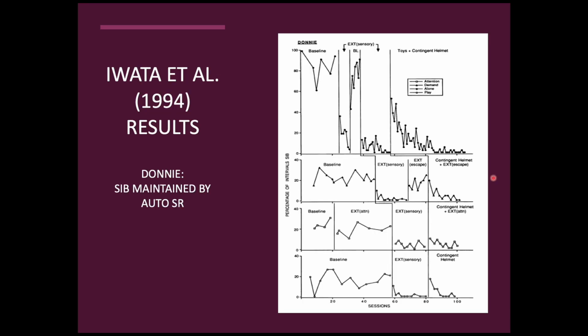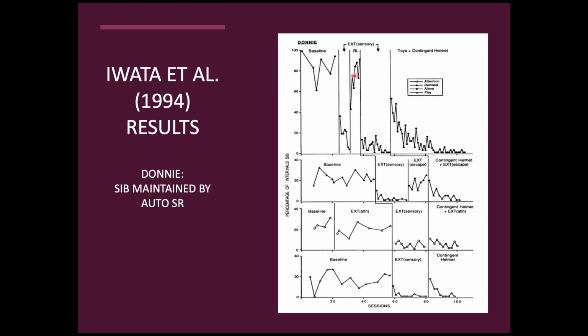So let's go through the results here. For Donnie, we see that his behavior, SIB, was maintained by automatic reinforcement, right? This is a pretty complex graph, multiple baseline across different forms of SIB, and we see that his baseline levels were pretty high, right? In all of these baselines. When they implement sensory extinction, noted at the top here, we see pretty significant decreases in his self-injurious behavior.